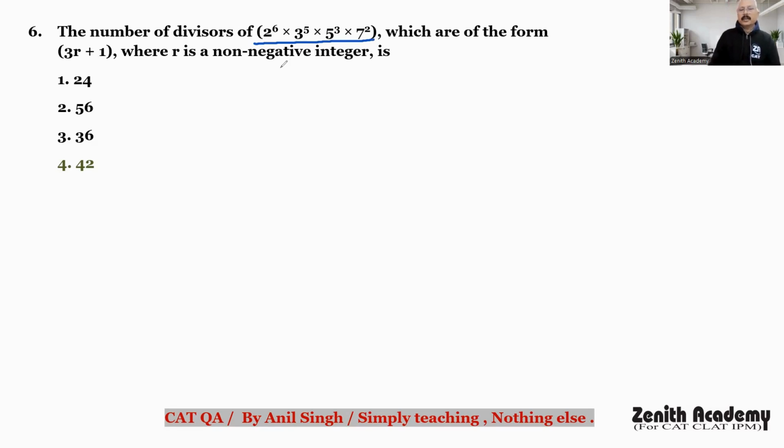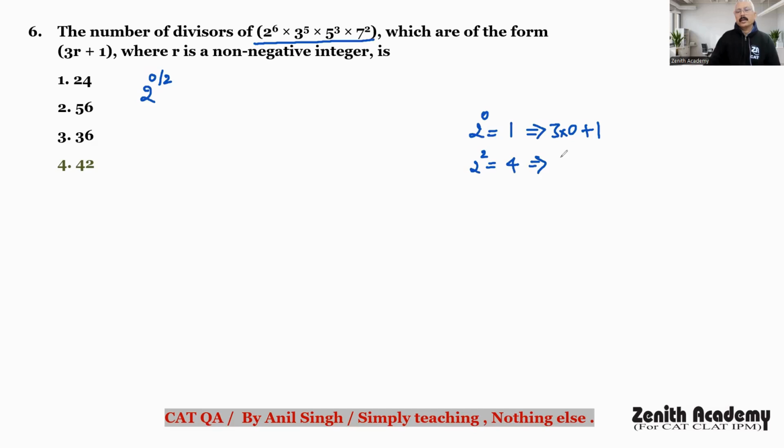Now, as we know that 3 is not going to play any role, let us see the behavior of 2 to the power 6. If it is 2 to the power 0, then it can be written in the form of 3r plus 1. 2 to the power 0 is 1, so we can write it as 3r is 0 plus 1. 2 to the power 2 is actually 4.